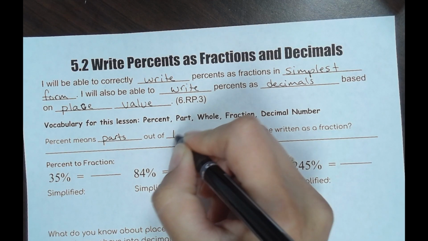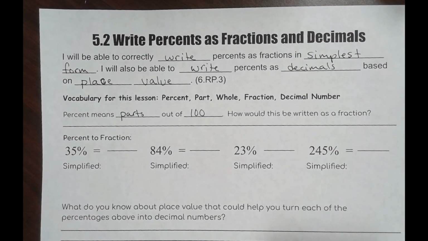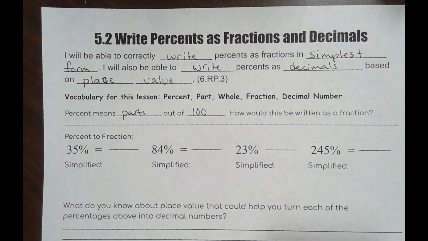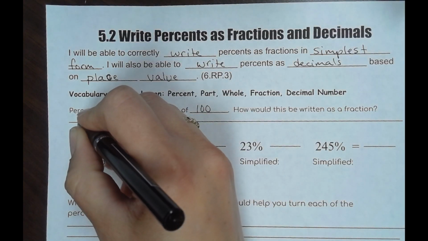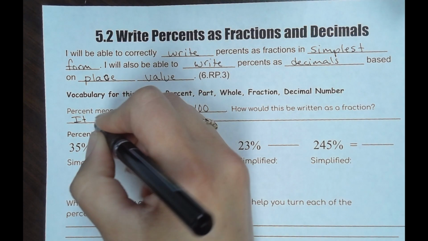out of 100. So knowing this, how would this be written as a fraction? It would be written as a fraction over 100.